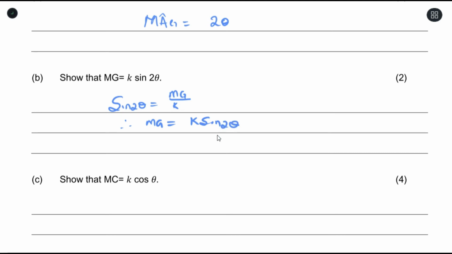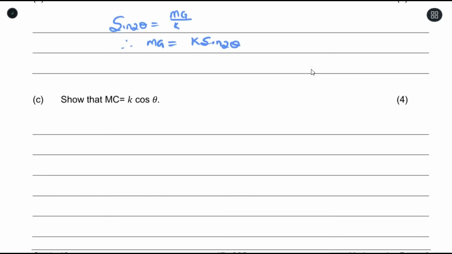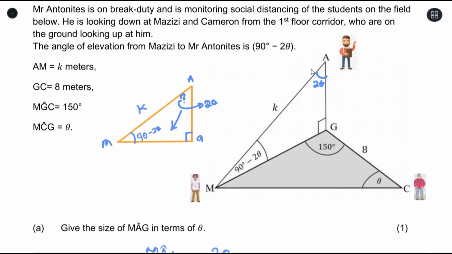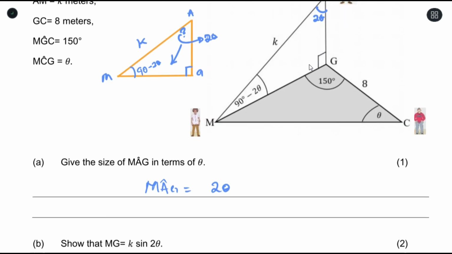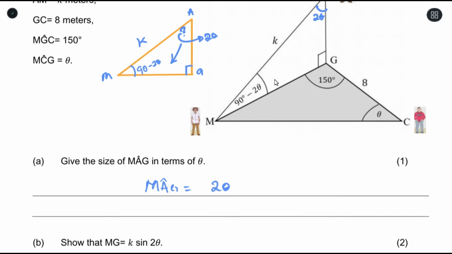That's it. So question C says, show that MC is equal to K cos theta. First and foremost, in the previous question we got MG to be K sine 2 theta. Because we have this, we understand we have an angle-side pair, and we're trying to find this one over here.